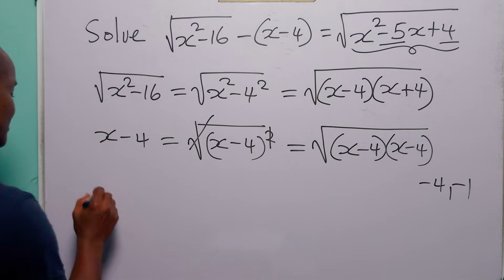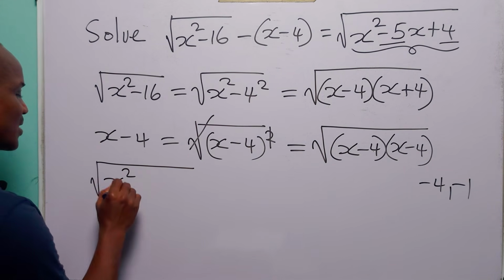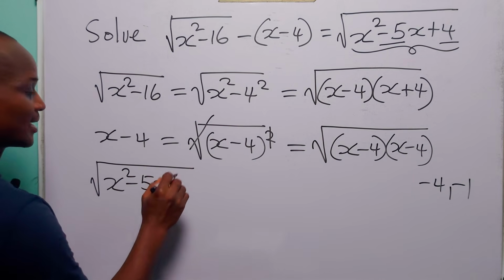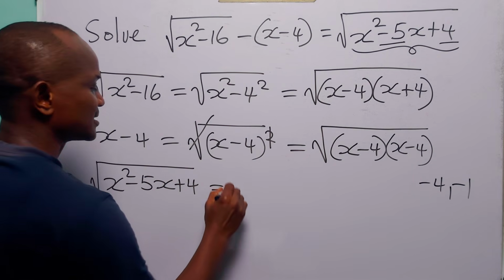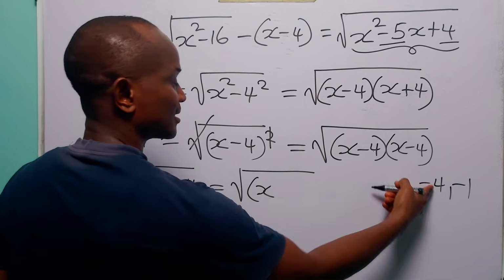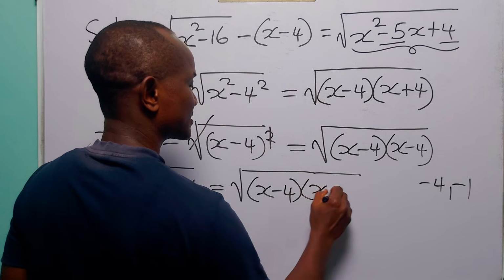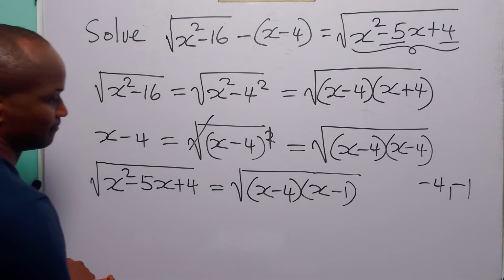So that means that the square root of x squared minus 5x plus 4 is the same as the square root of x minus 4 multiplied by x minus 1.